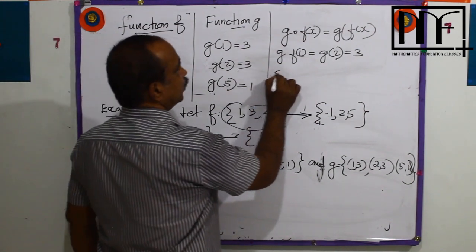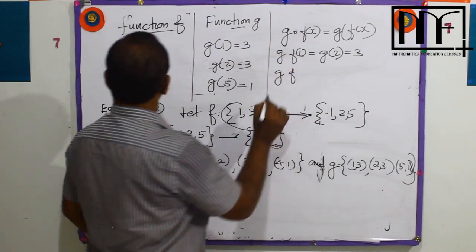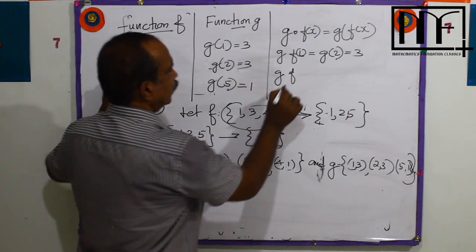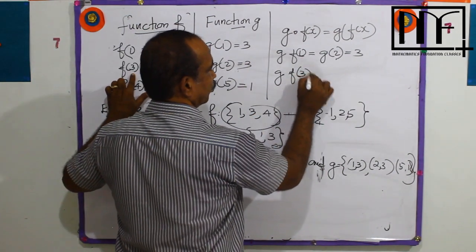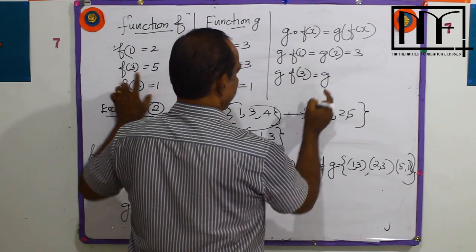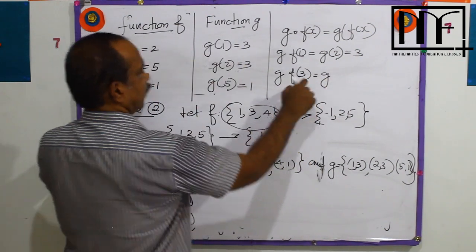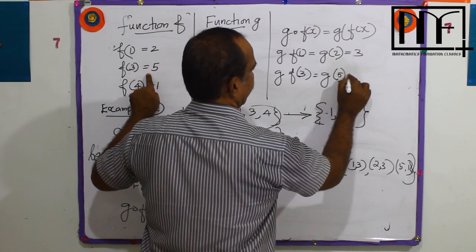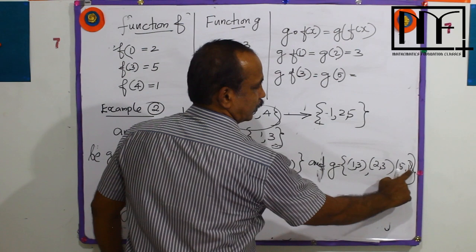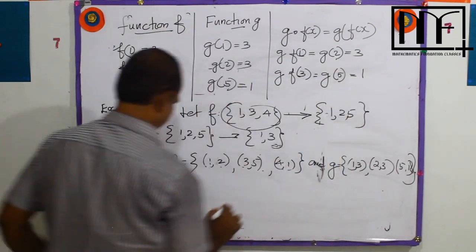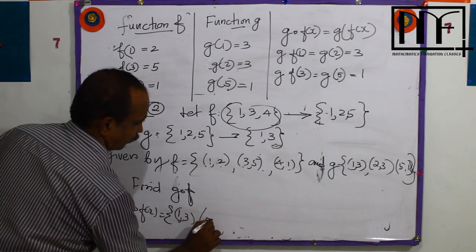Then g of f of 3, the second element. f of 3 is 5, that's g of 5. And g of 5 is 1. So we get the second pair, that is 3, 1.